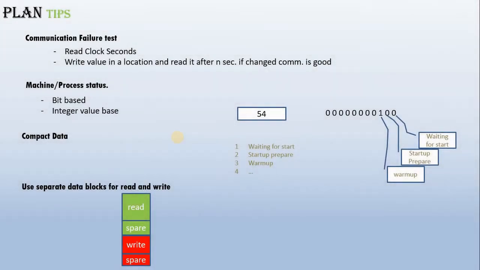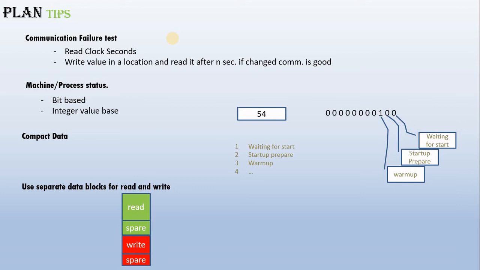Here are some tips. We said that your system should be able to recognize there is a failure in your communication. This can be very easily done by one system reading the seconds of the clock of the other system. You expect that this goes from 0 to 60, back to 0, up to 60.